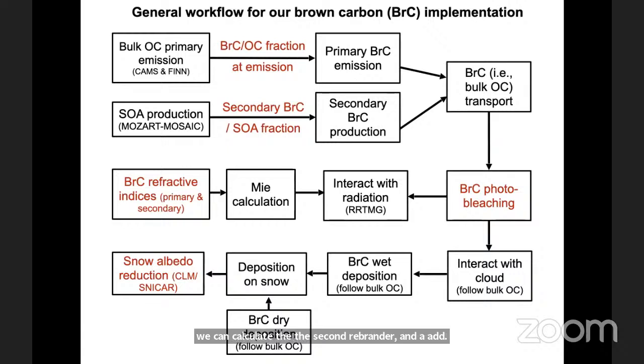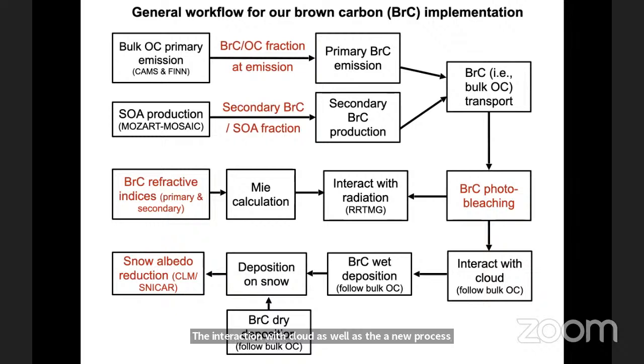Then we can follow the other aerosol processes to simulate the brown carbon transport and also the interaction with radiation, interaction with clouds, as well as a new process called photobleaching.